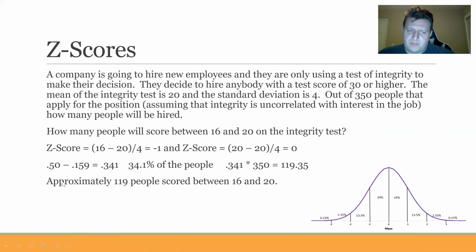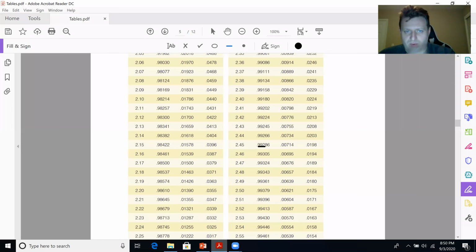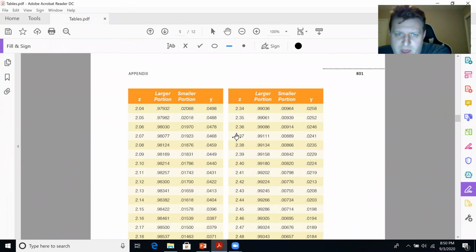Now I'm going to look at my table for a z-score of -1 and find the percentage of people that scored lower than that. Again, I can't look up -1, I've got to look up +1.